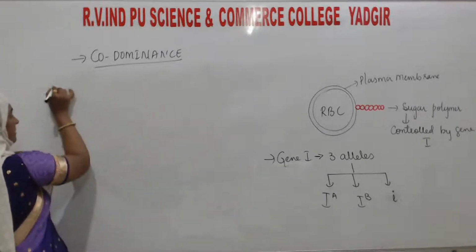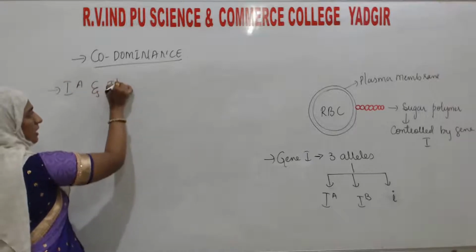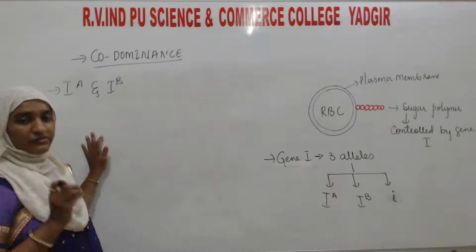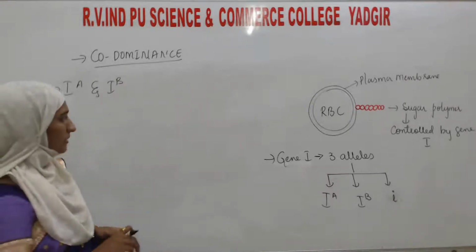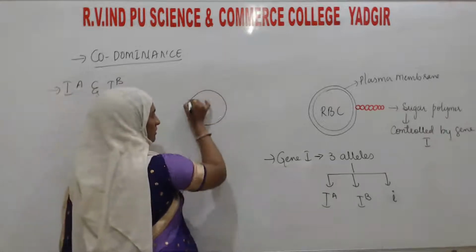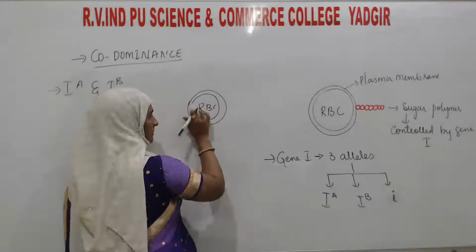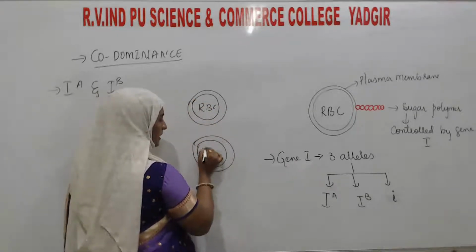The alleles IA and IB, these are the two alleles, produce different forms of sugar. For example, this is one RBC, and this is another RBC.